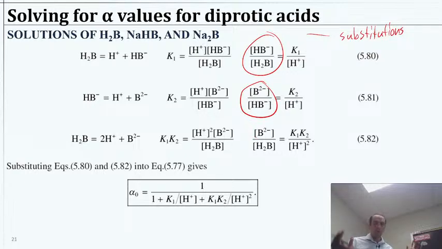Okay, so taking all of these pieces together, we can solve for an alpha fraction for alpha 0 to be 1 divided by 1 plus this guy plus this guy, which is the second part of that. Okay, so that's K1 K2 divided by H plus squared.